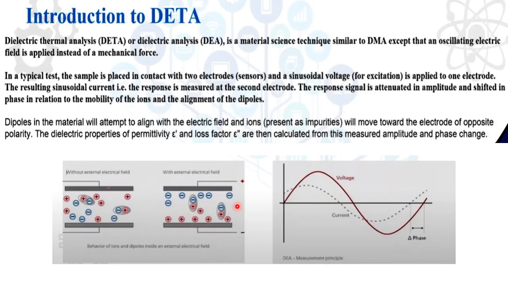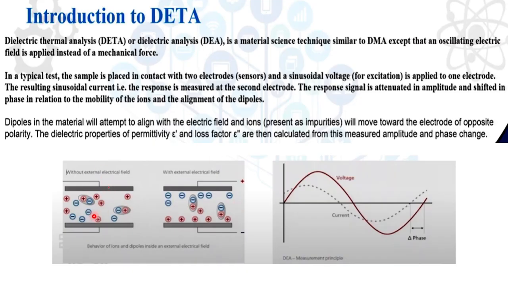Now based on the nature of the material, based on the dielectric constant and permittivity of the material, the response will vary, and that is studied in the dielectric thermal analysis. The dipoles in the material will attempt to align with the electric field and ions will move towards the electrode of opposite polarity. The dielectric properties of permittivity and loss factor are then calculated from the measured amplitude and phase change.